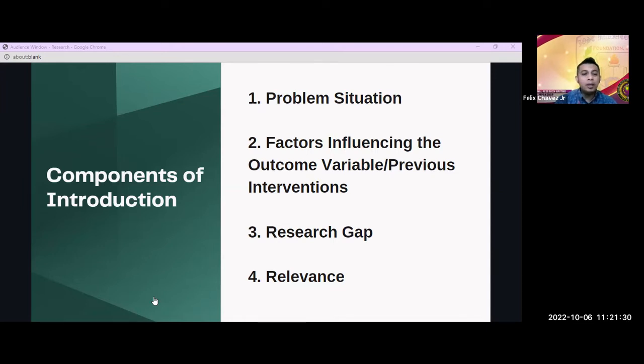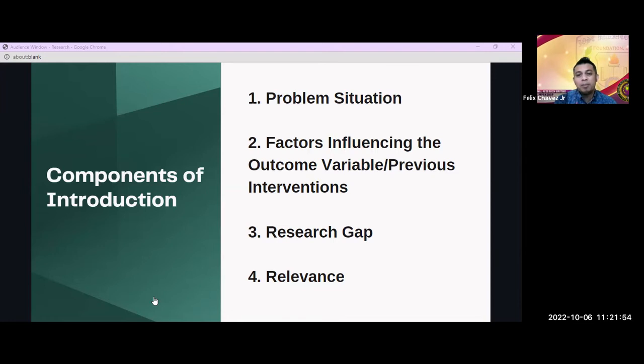So meaning, you need to have an inventory of studies. Hindi pwede na hindi mo alam kung ano yung nagawa na in the literature. So you have to have a lot of readings and conduct an inventory of the previously done studies in addressing the problem.